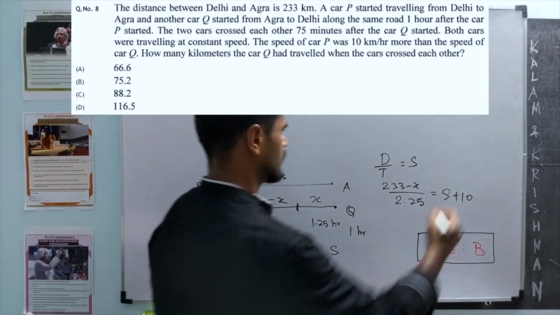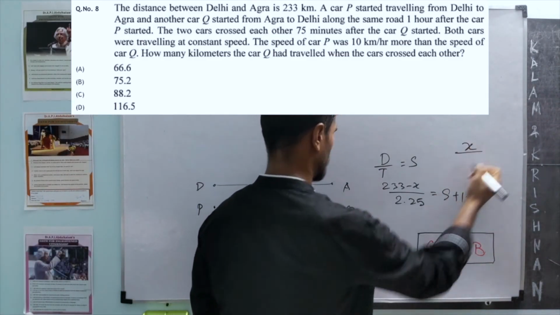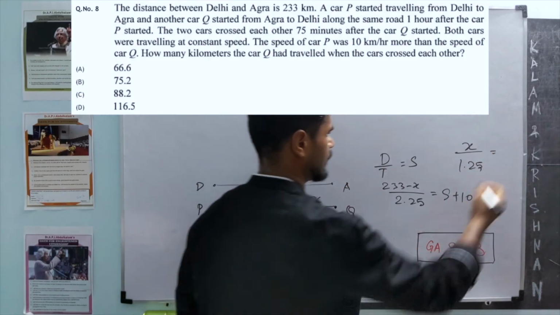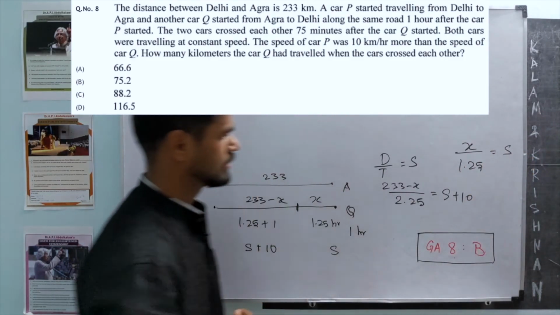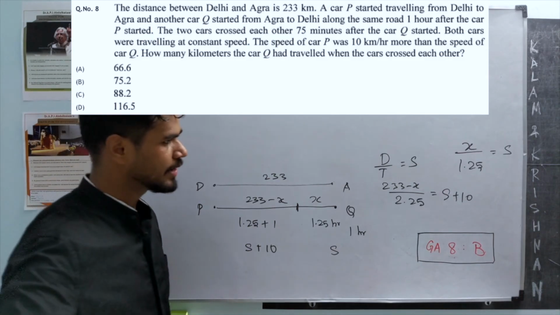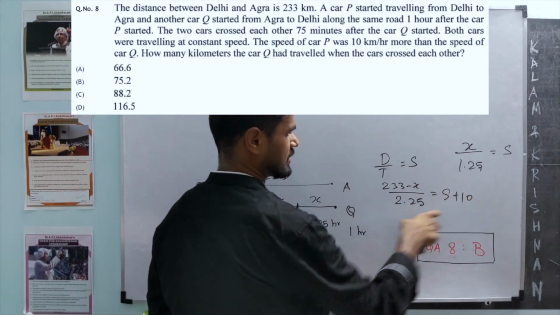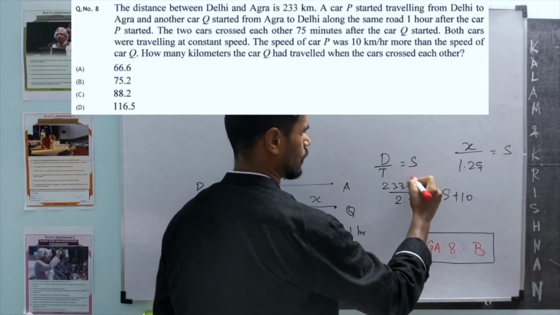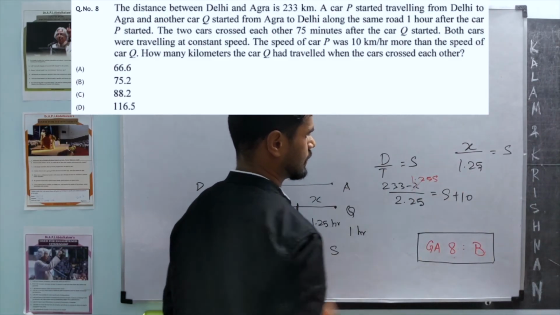Second, x by 1.25, that is the speed of Q, that is S. So let's eliminate x from this equation. So now x is 1.25 S, right?